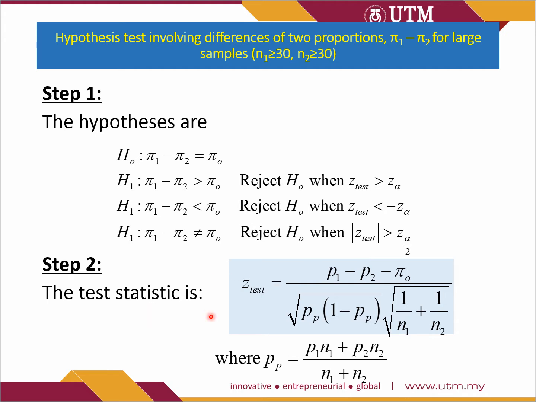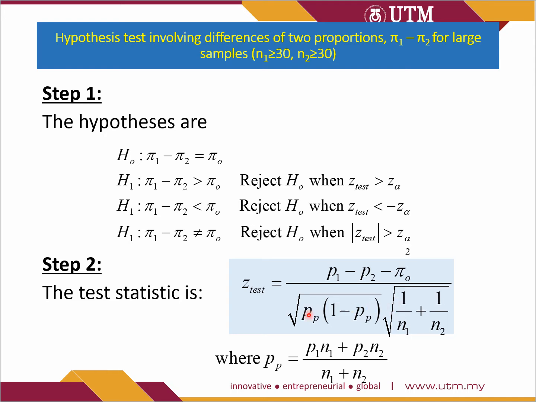And this is the test statistic which we will use: Z test equals P1 minus P2, given P1 is the sample proportion from the first population and P2 the sample proportion from the second population, minus π naught, over the square root of PP times 1 minus PP, given that PP is the pooled sample proportion, times the square root of 1 over n1 plus 1 over n2.